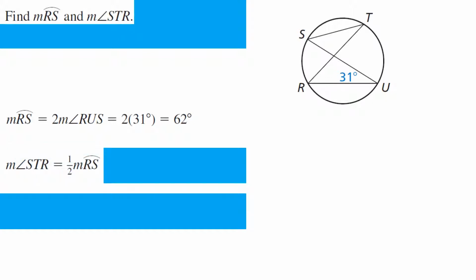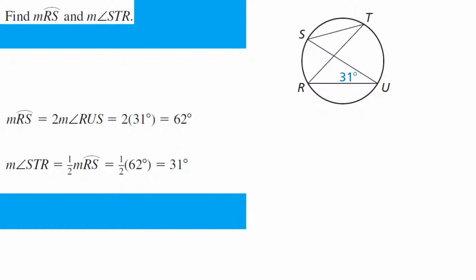Wait a minute. The measure of angle STR, it's half of the measurement of arc RS. And we just figured out the measurement of arc RS. So those are congruent angles. Right? Angle U and angle T are both 31 degrees.